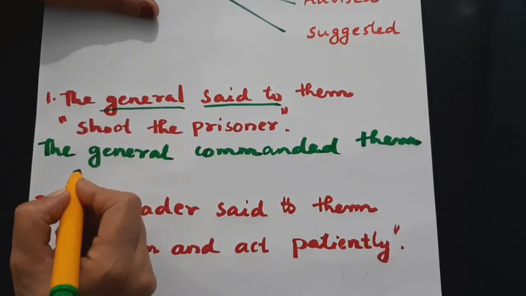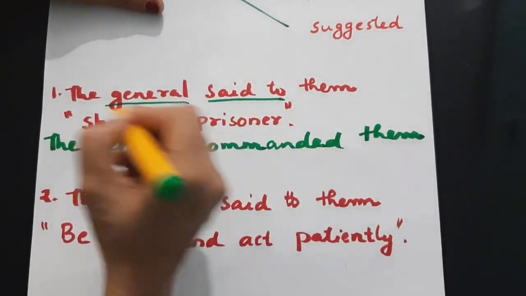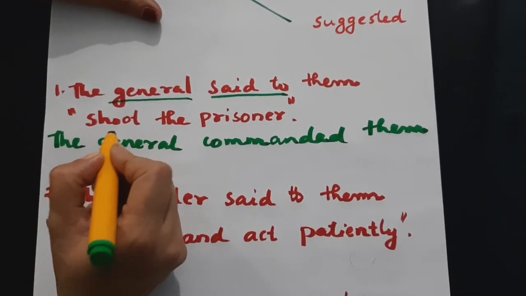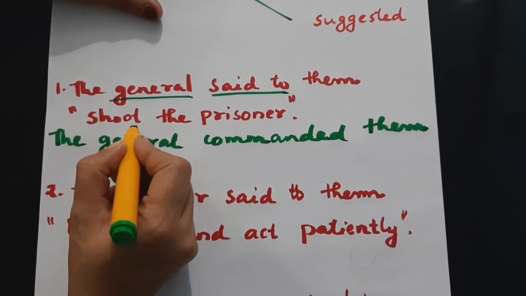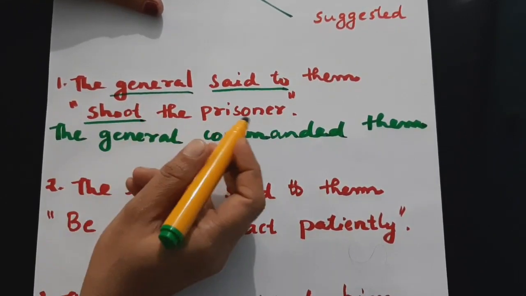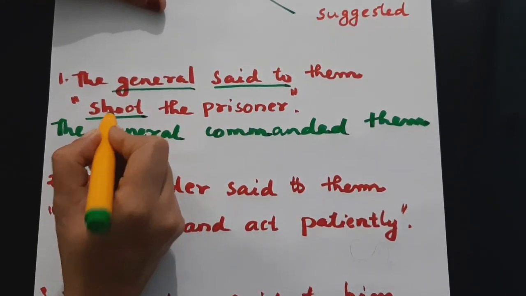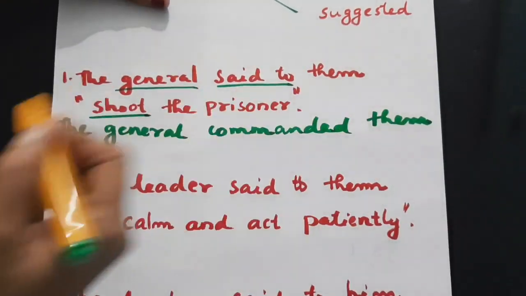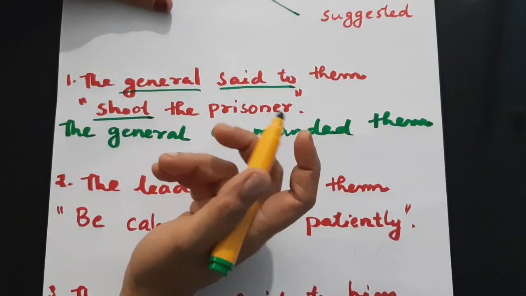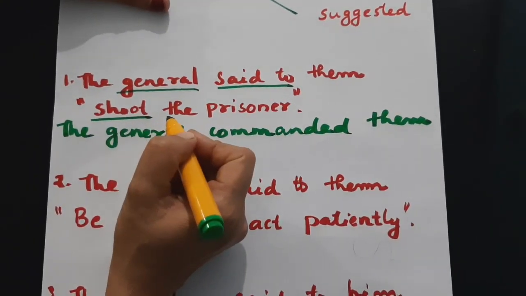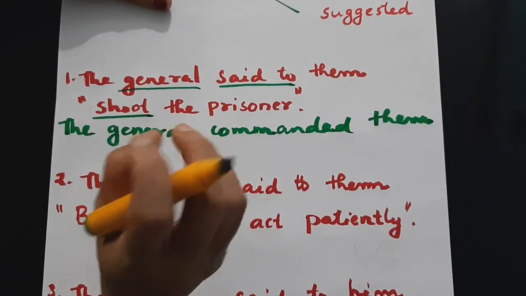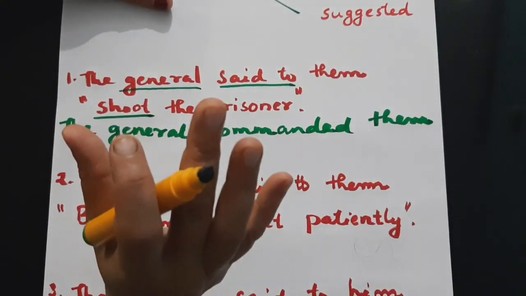Here comes our next rule. See, this is the sentence in quotations. And often, an imperative sentence starts with a verb. See, the sentence here starts with a verb, no? Shoot. Yes. So as I told you, this is the simplest one. Here, in the case of imperative sentences, you don't need to bother too much about any tense changes at all.